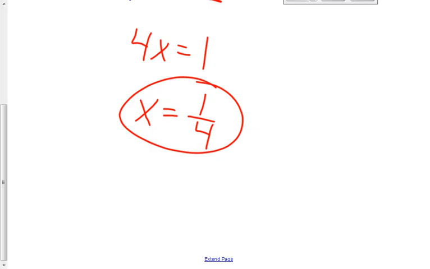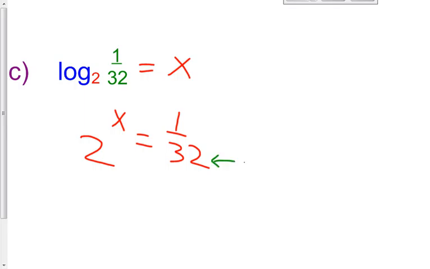And finally, letter C. Evaluate this. What does this equal? It equals x right now. So now let's solve. 2 raised to the x power equals 1/32. So 2 squared equals 1/32. This right here is the same thing as 2 raised to the 5th power.